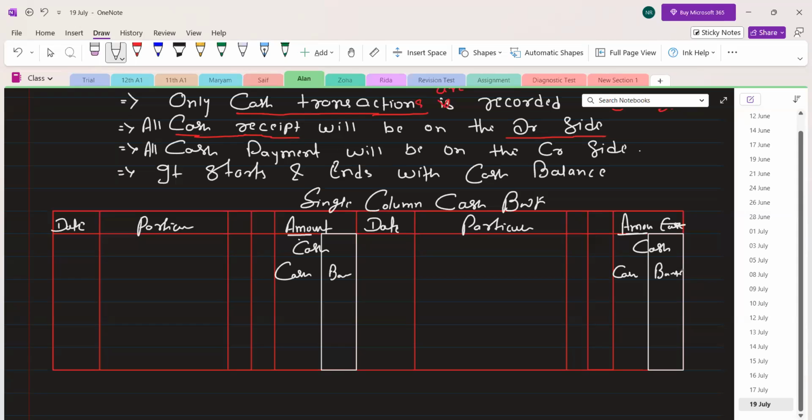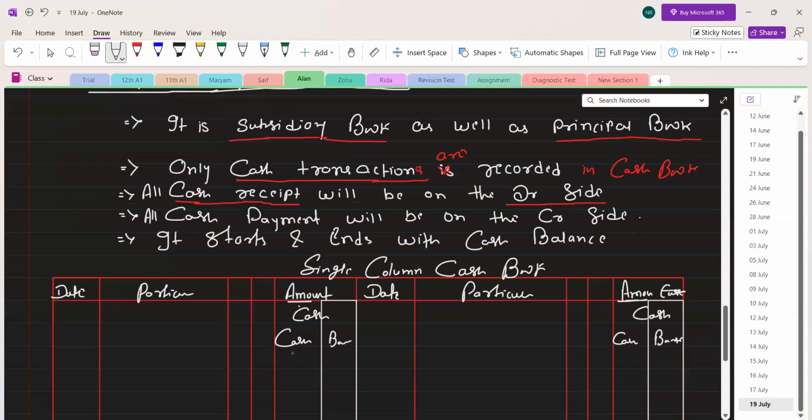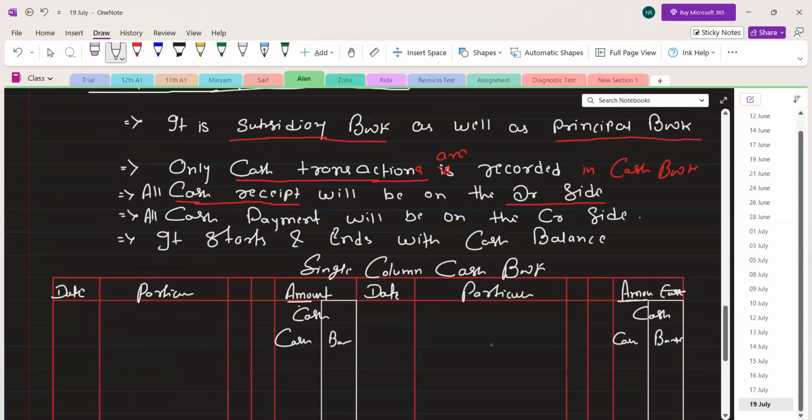Two amount columns on the debit side and two on the credit side make it a double column cash book. Those two amount columns can be for different things. I have written cash and bank, but there are three options I told you: cash and discount can also be there, and bank and discount can also be there.